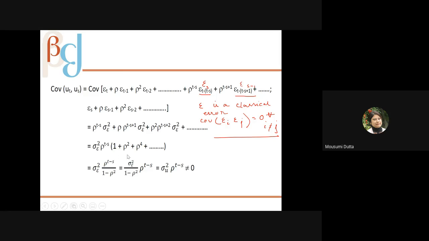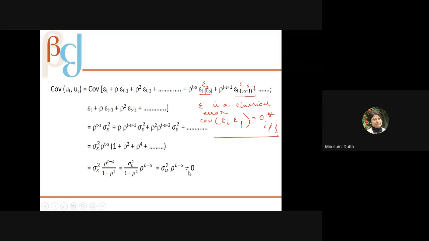If you understand this step, the next step is easy. Sigma epsilon square rho to the power T minus S and the sum of the GP series, 1 by 1 minus rho square. This term is not at all 0. It is very clear, this is something which is not equal to 0. Hence, there is correlation between UT and US. Covariance is not 0, so there is a correlation between UT and US, and that is presenting the presence of autocorrelation.